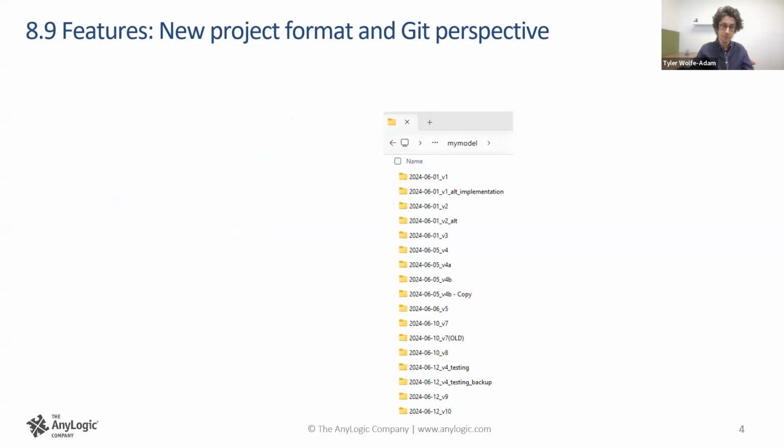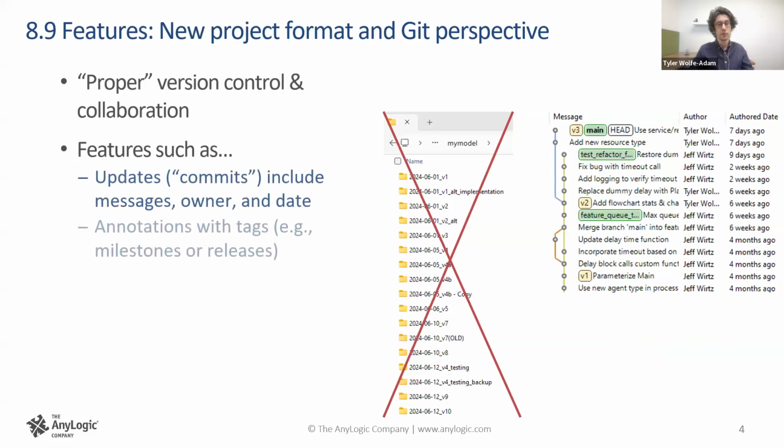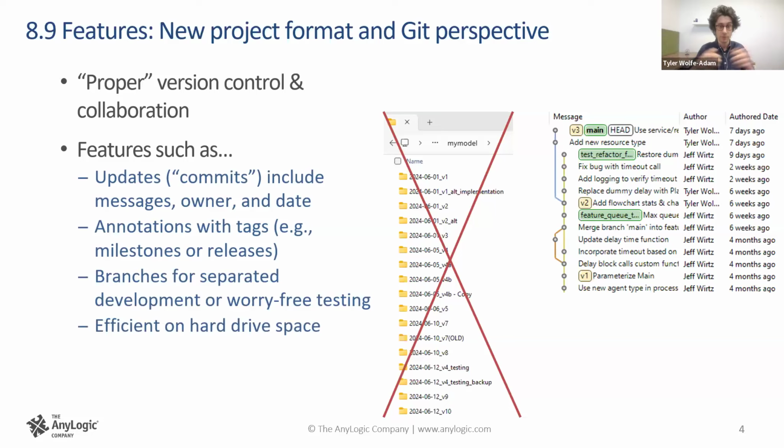So starting off, this update is intended to help your tracking of model progress and collaboration go from the mess that you see here on the screen to something that is vastly more efficient and useful. With what I'll call a proper version control system, you can visually track your progress and have parallel work, see and write update messages, and see who made changes, when, and to what parts of your project.